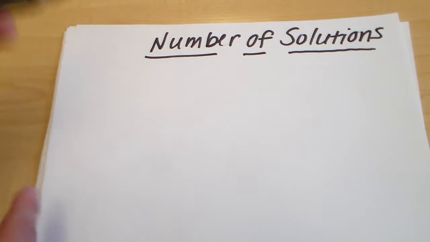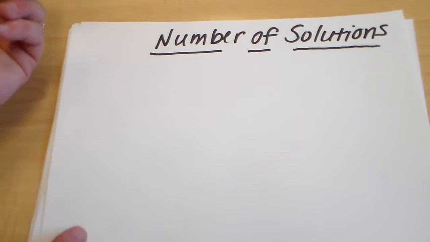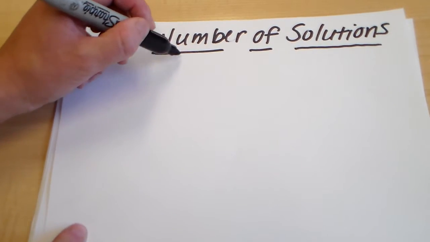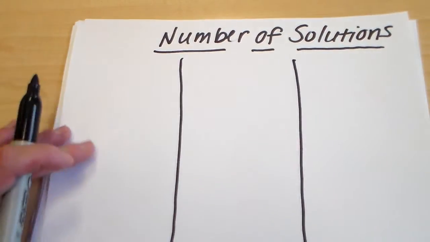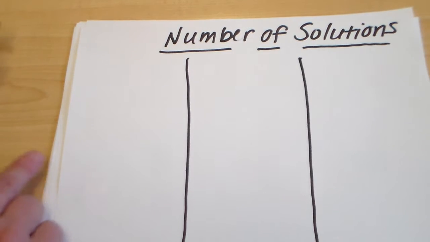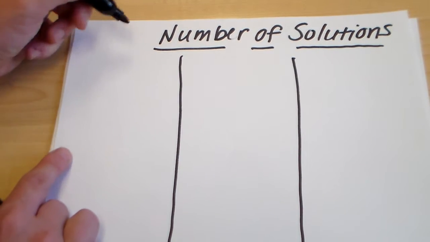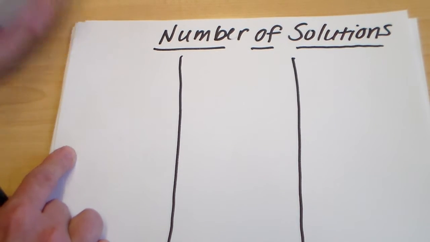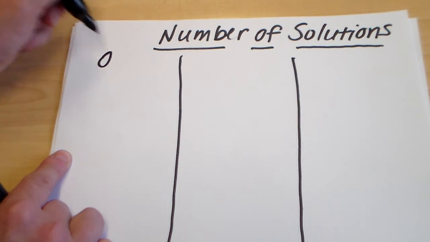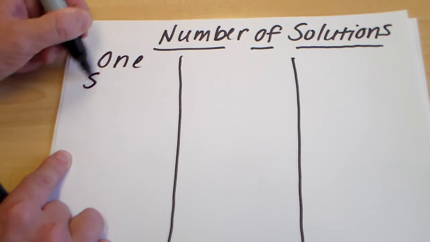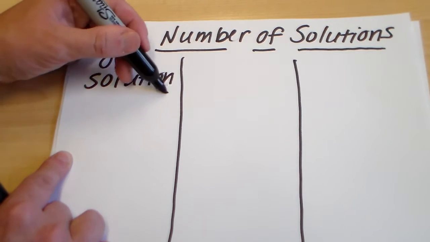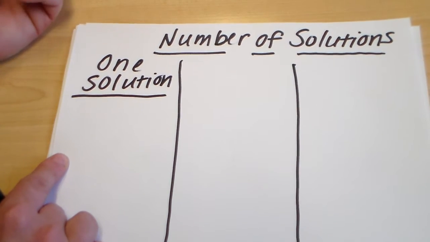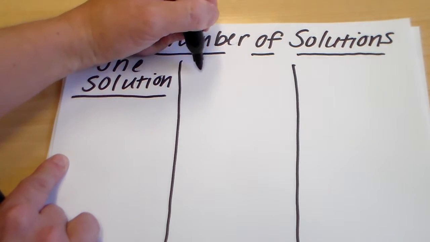So our choices, once you have this, you could split your notebook into 3 sections as best you can. You know, I can't draw a straight line. And in our first section, we are going to look at basically what we've already done. So when we have the variable that has one solution, the middle column will be when there is no solution.